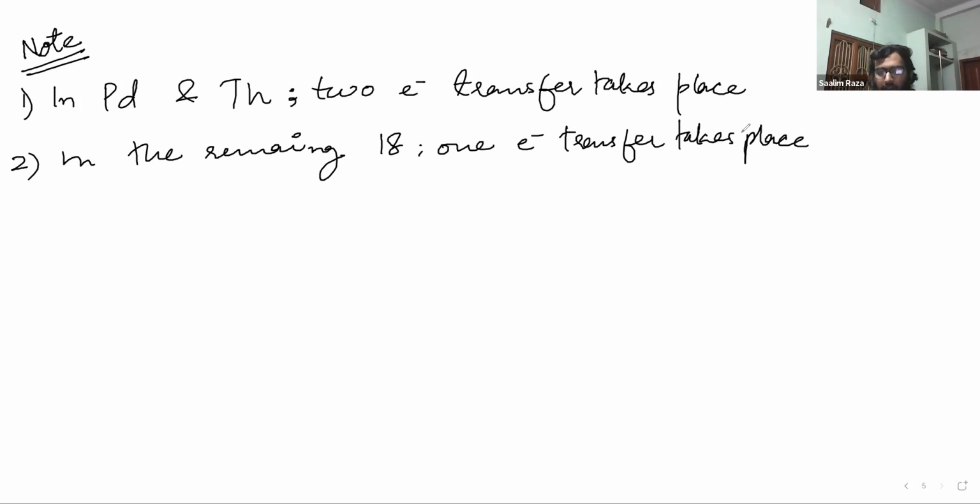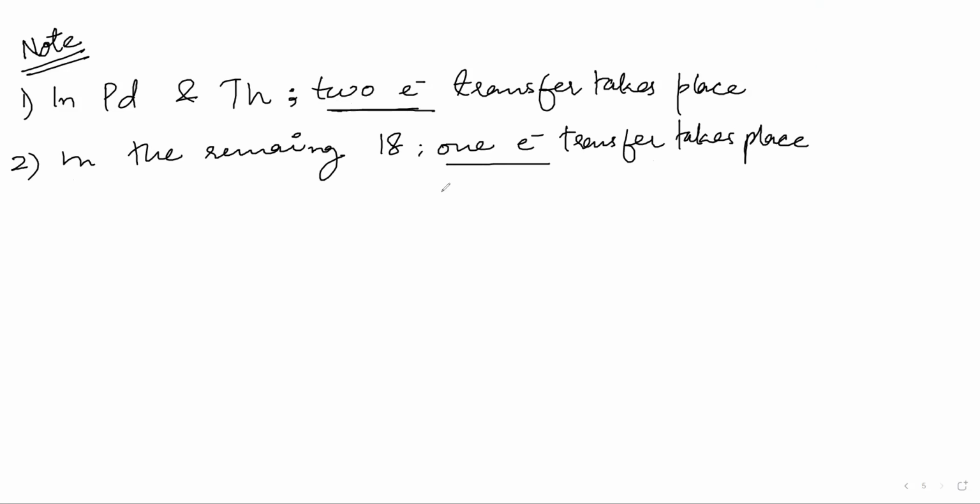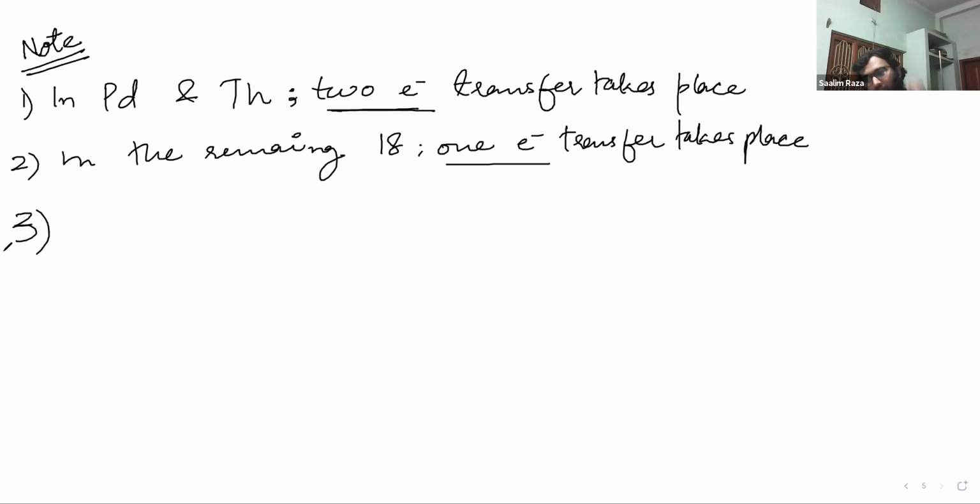In Pd and thorium, how many electron transfers take place? Two electron transfers. In the remaining 18, how many? One electron transfer takes place. Now you will get two cases. As I said, there are two lists, one for D block and one for F block.